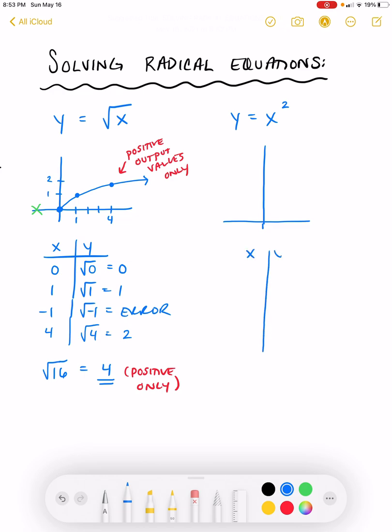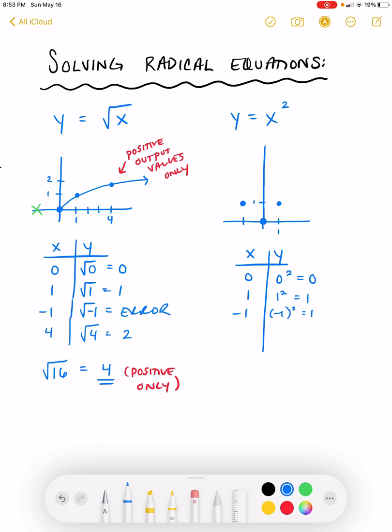When we make a table right here, we start with 0, plug in 0 squared, and the output is 0. We plug in 1, and 1 squared is 1. So we move 1 unit, we output 1 unit, very similar to our square root. But this time, when we plug in negative 1 squared, we also get 1.